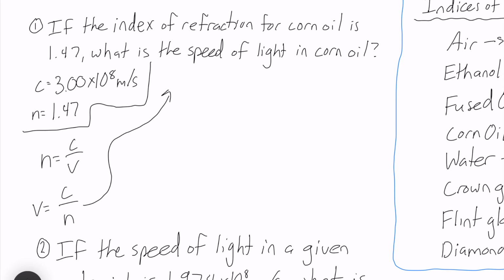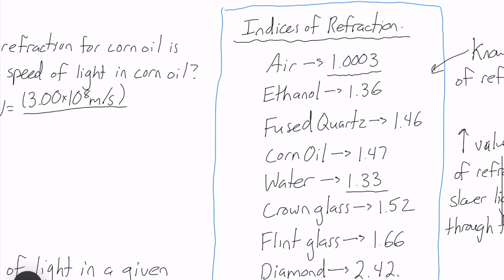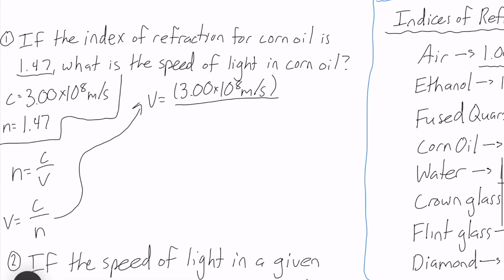So let's fill in what we know. We have our C, which is that constant of 3.00 times 10 to the 8 meters per second. And then we also have our index of refraction for corn oil. Remember that question gave us it, and it can also be found in some known index of refractions as well.